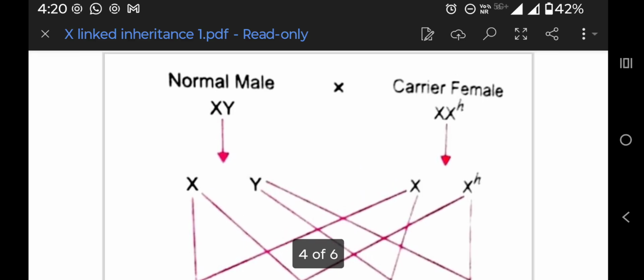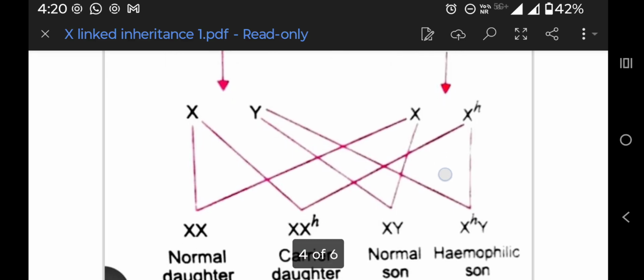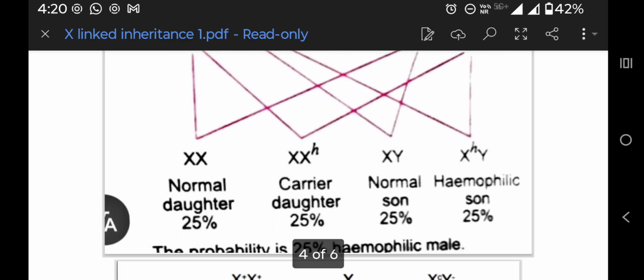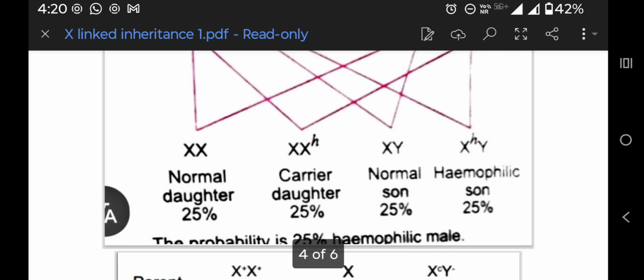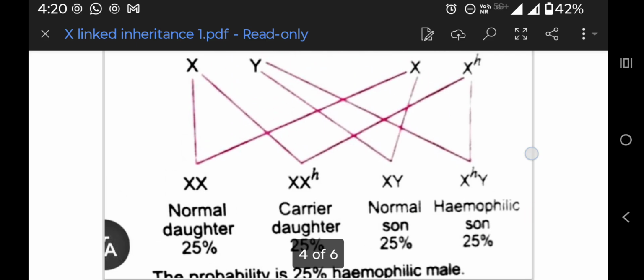So XY means normal, and X and X^h means carrier: one defected gene X, one normal X. Again you are getting the normal daughter, then one carrier daughter, then normal son and hemophilic son. So the pattern will be the same.